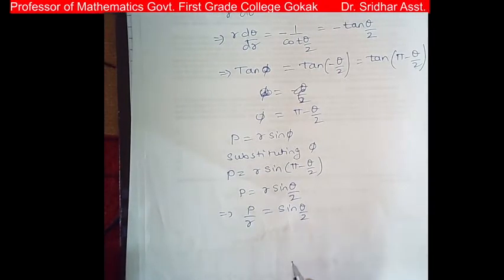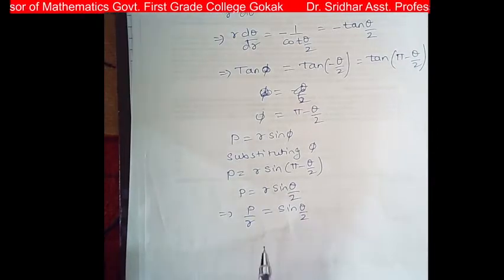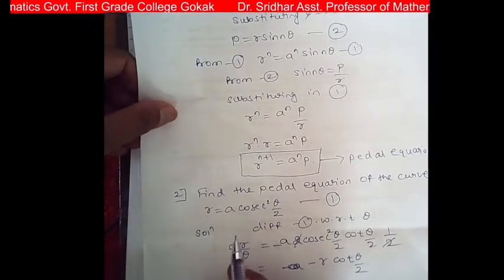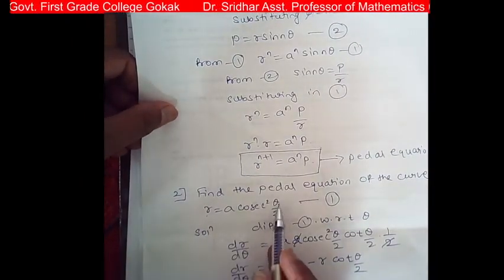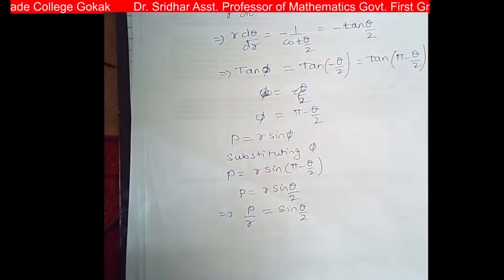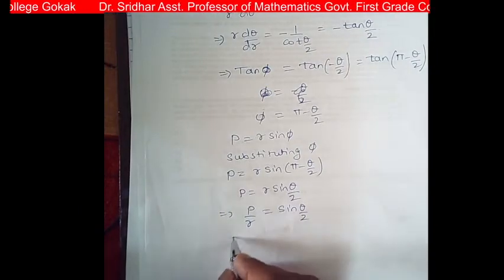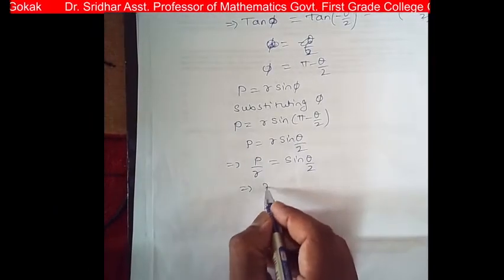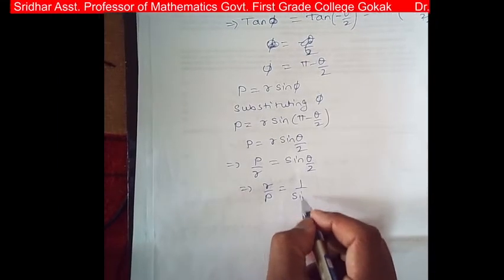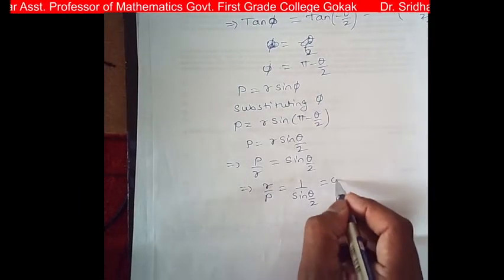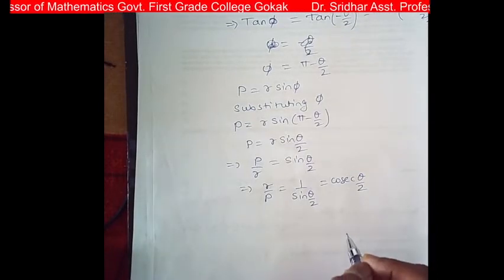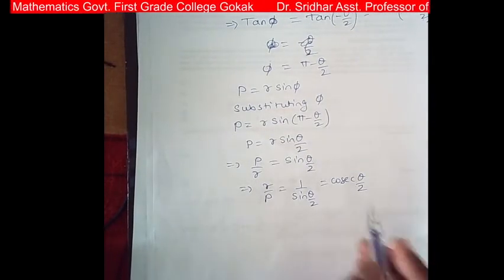Okay, so now what we have actually from the given equation, this is the given equation, R is equal to A cosec square theta by 2, correct? So we have to convert this in terms of cosec theta by 2. So reversing this, which implies R by P is equal to, reversing this, 1 by sin theta by 2, which is equal to cosec theta by 2, correct? So now this is equation 2.